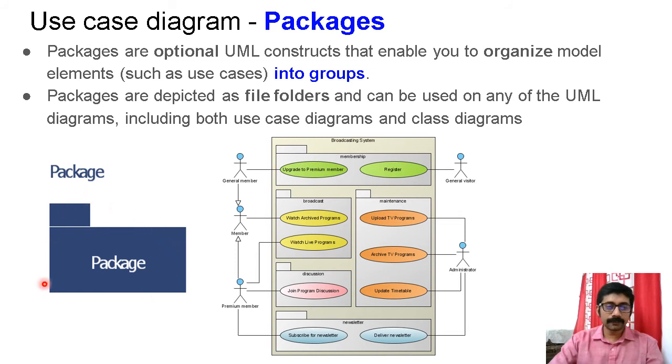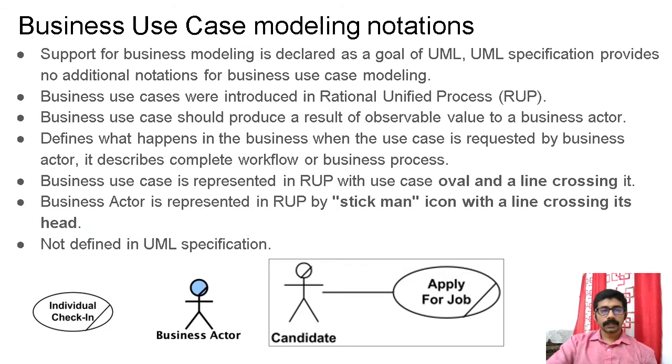It is essentially the folder symbol. In this example, a general member is an actor, and that actor is interacting with membership. Membership is a package. That package has multiple use cases. So it is used to group the use cases or class diagram. It is a general construct to organize the model elements.